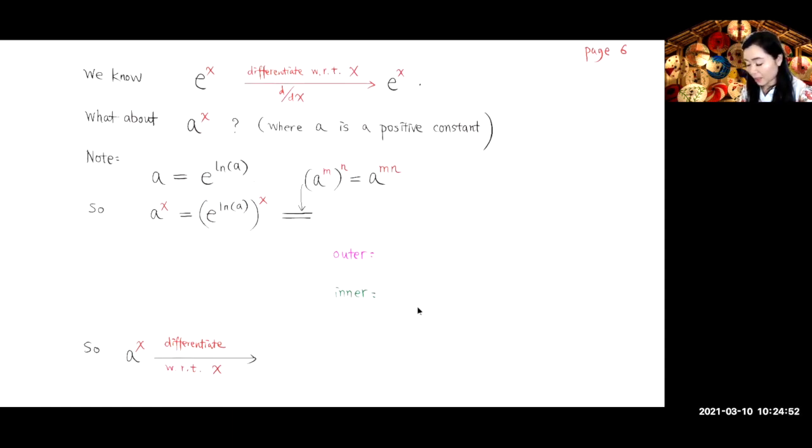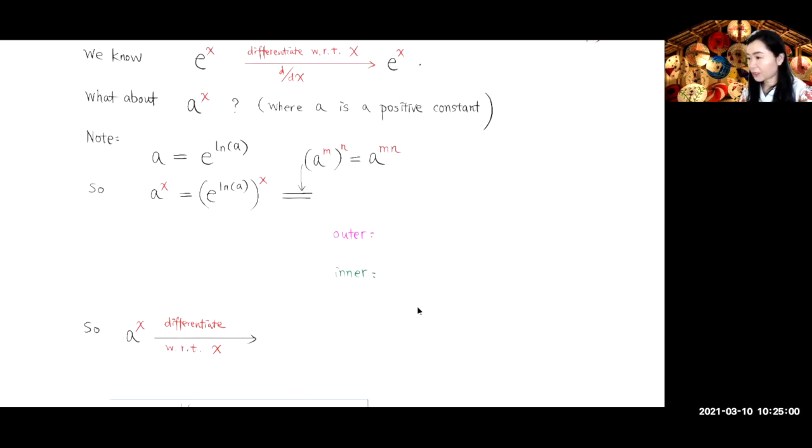First, since we know the derivative of e to the x, I'm going to relate this a to the x in the form of e to some power. Notice that a is e to the ln of a. Remember, the exponential function with base e and the log function with base e are inverse functions, and when they compose, these two cancel and give you back this a. So a is e to the ln of a.